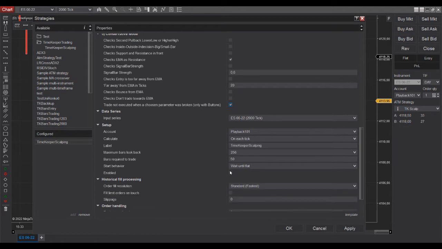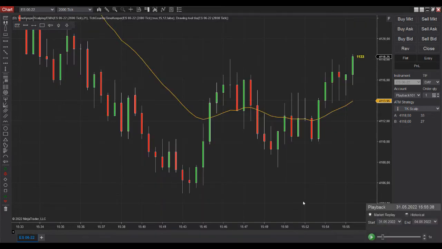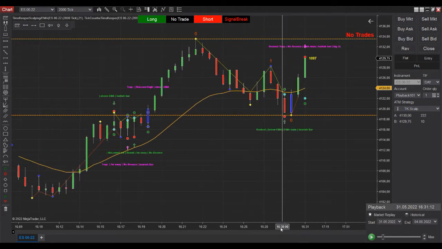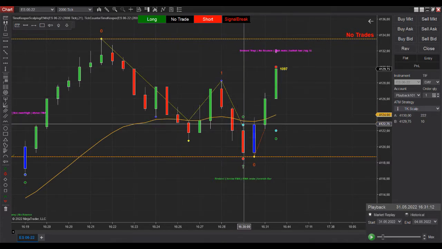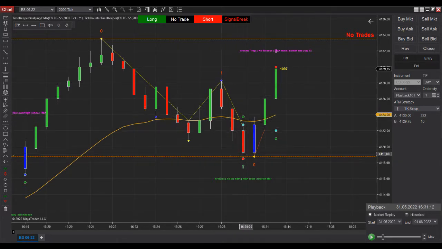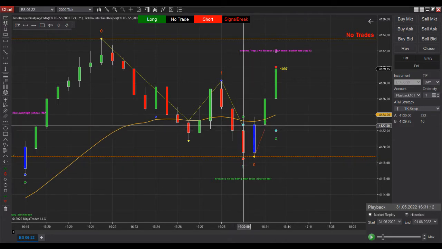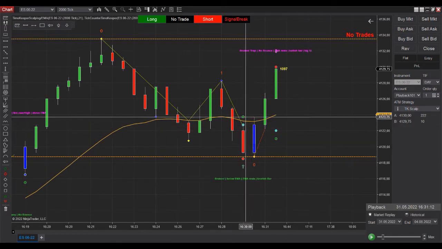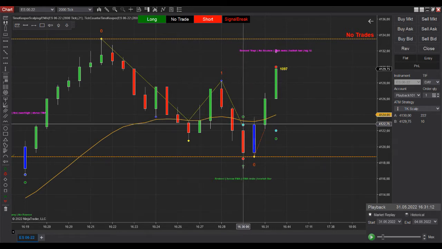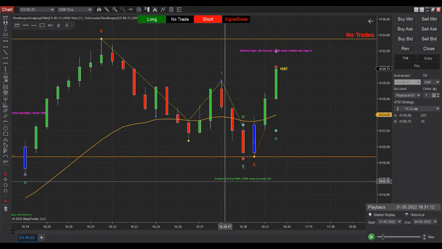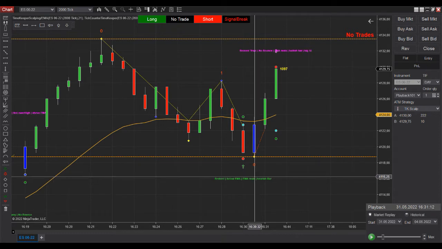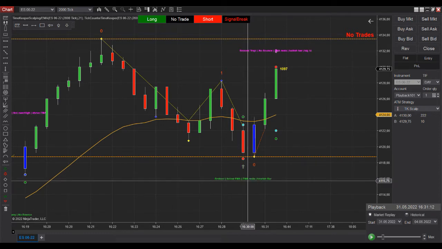So let's have a look at an example. Here you have your two-legged pullback to the upside, so a long setup, and you see here your setup with your entry, your stop, and your take profit level in green, and it crosses through the EMA, and you see it is broken because we have the EMA as resistance, as we checked in the settings.